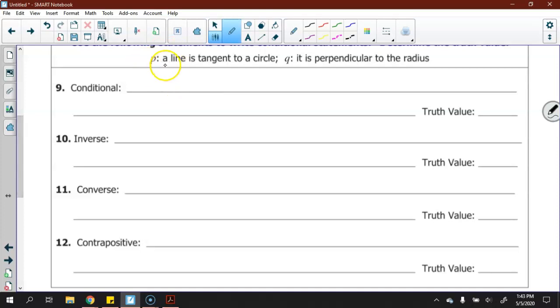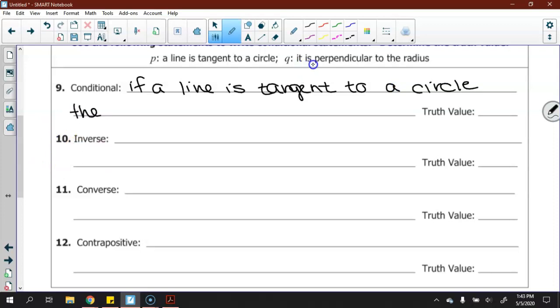So it says P is a line is tangent to a circle, and then Q is it is perpendicular to the radius. So for the original conditional, literally you're just taking if, and then you're slapping whatever this is right behind it. If a line is tangent to a circle, and then we go, then Q. It is perpendicular to the radius.